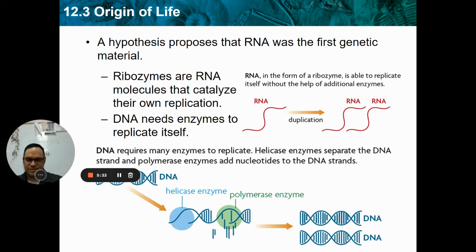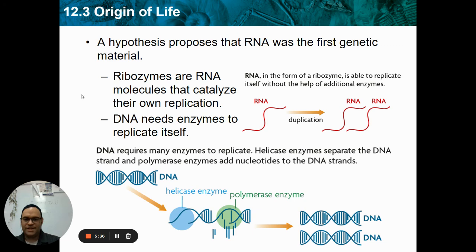The last piece that needs to play a role is you need to have some kind of heredity and benefit. RNA is the idea that these first cells had, because it's the simplest. Remember, it's single stranded instead of double stranded, and it can duplicate itself, so it can make a copy of itself.